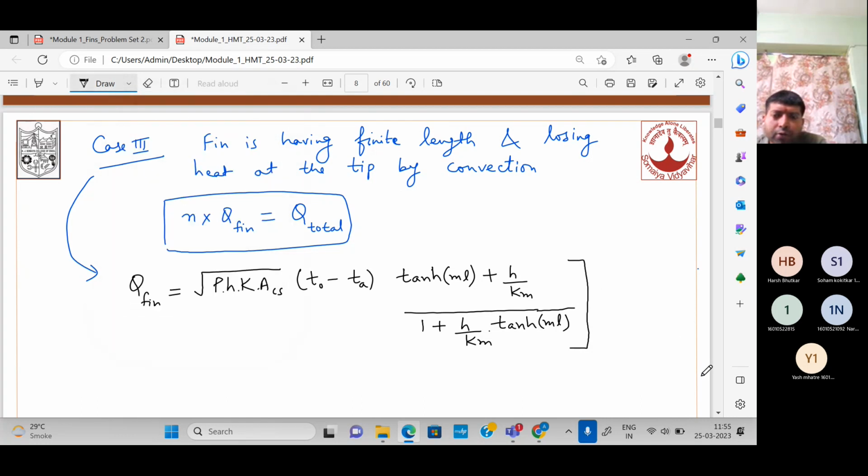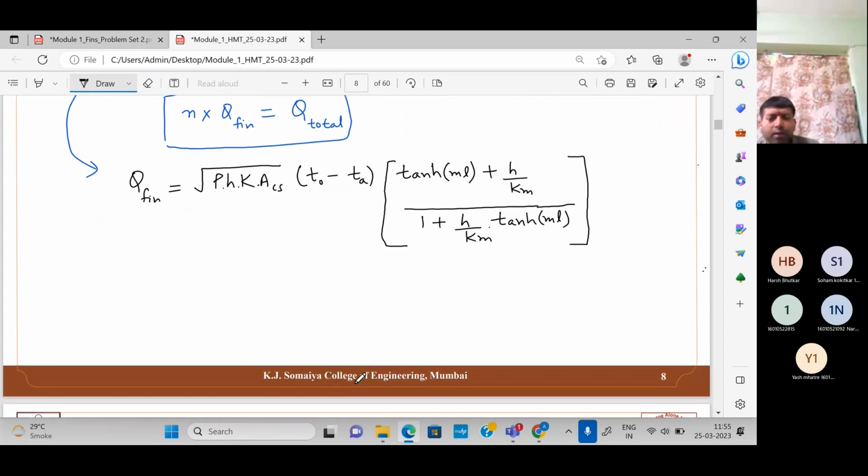This is the expression for calculating the heat dissipation from the fin for case number 3, that is, fin is having finite length and losing heat at the tip by convection.